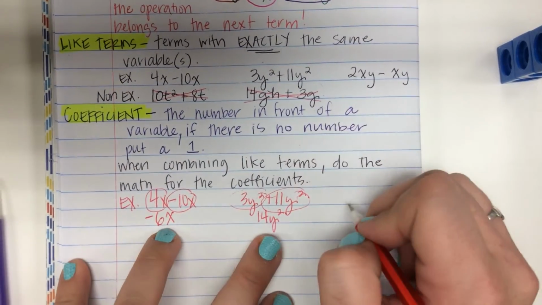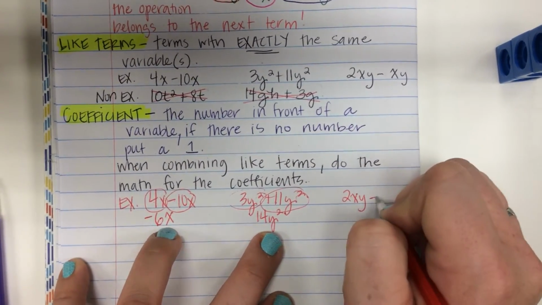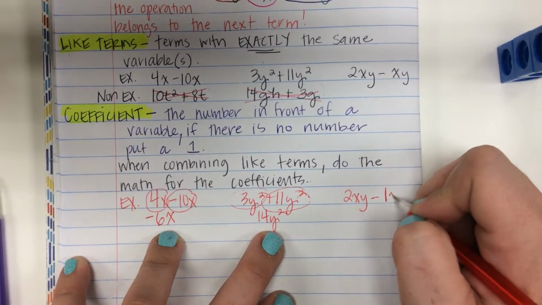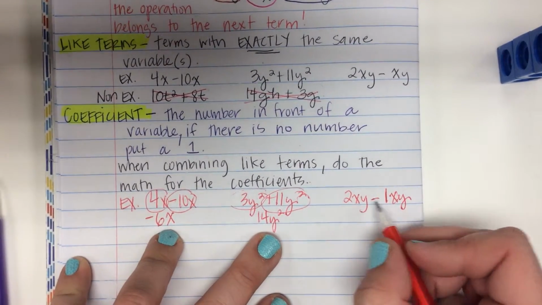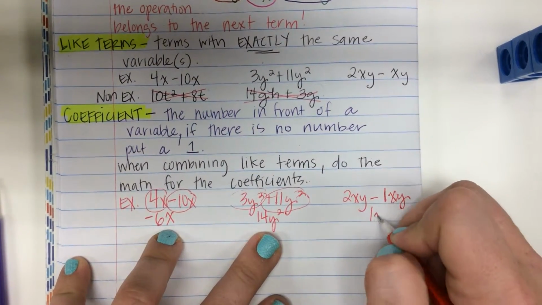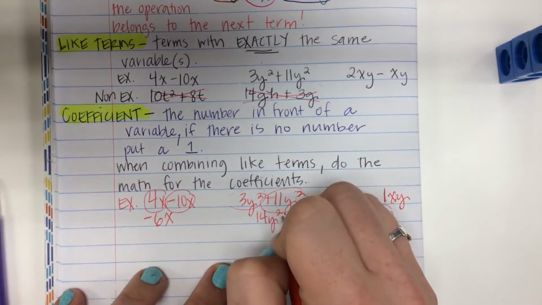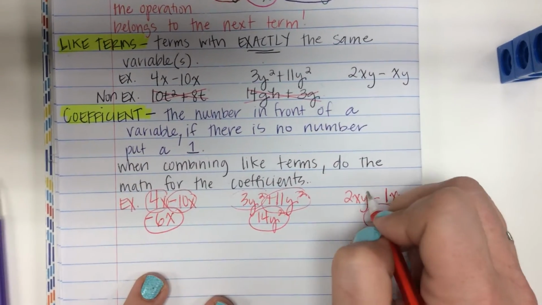If I'm doing 2xy minus 1xy, 2 minus 1 is 1xy, because they're like terms.